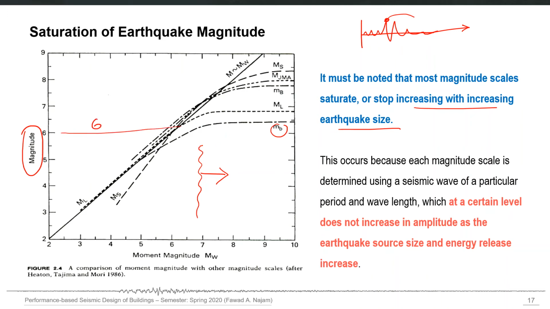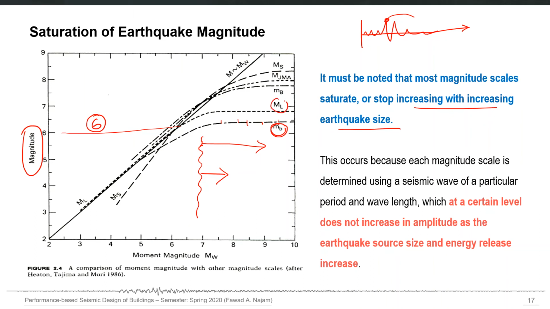In an earthquake, although the seismic energy keeps on increasing as we move along the x-axis, the magnitude reported by the MB scale will be only 6. It will just become constant after that, so it will saturate. MB will not be able to accurately tell the size of earthquakes which have a magnitude more than 7, maybe, or 6.